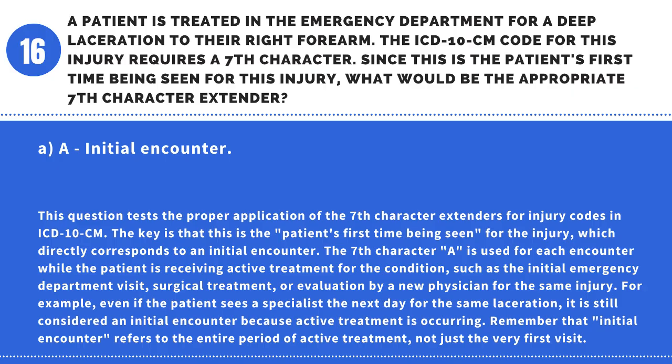The 7th character A is used for each encounter while the patient is receiving active treatment for the condition, such as the initial emergency department visit, surgical treatment, or evaluation by a new physician for the same injury. For example, even if the patient sees a specialist the next day for the same laceration, it is still considered an initial encounter because active treatment is occurring. Remember that initial encounter refers to the entire period of active treatment, not just the very first visit.